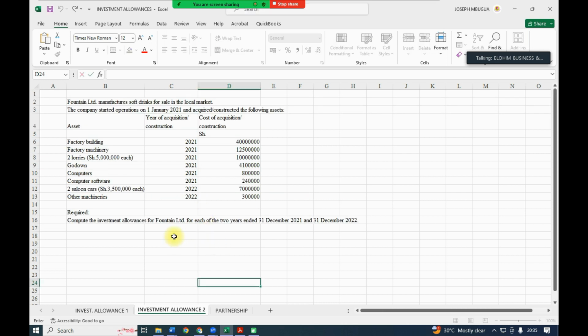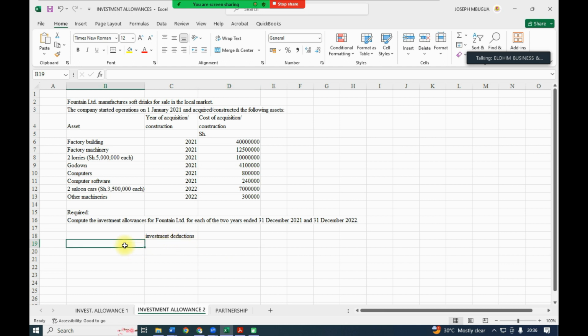So you can start with investment allowance, or investment deduction, sorry, just for classifying them correctly. You normally have the details, qualifying cost, then you calculate ID at 50%.